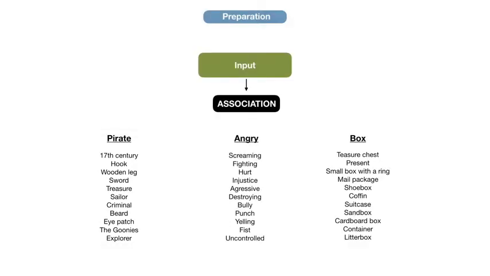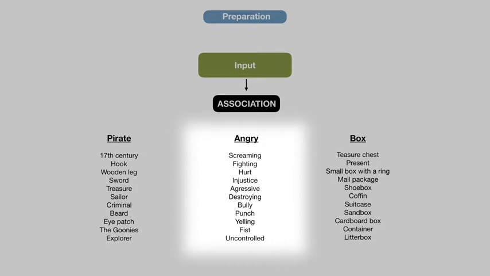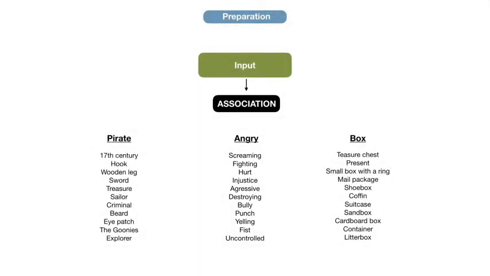When I think of angry, I forget about the pirate, just thinking of angry itself. And I think of screaming, fighting, hurt, injustice, aggressive, destroying, bully, punch, yelling, fist, and uncontrolled. Then box.